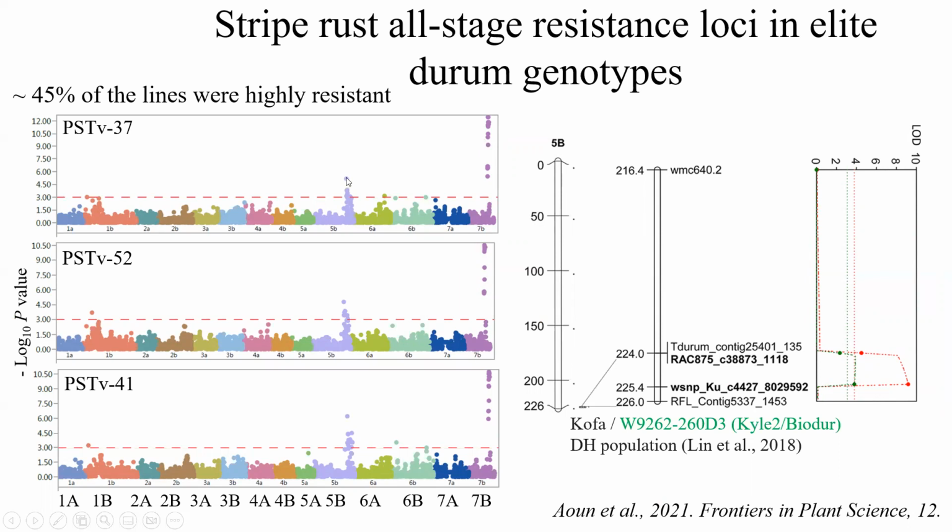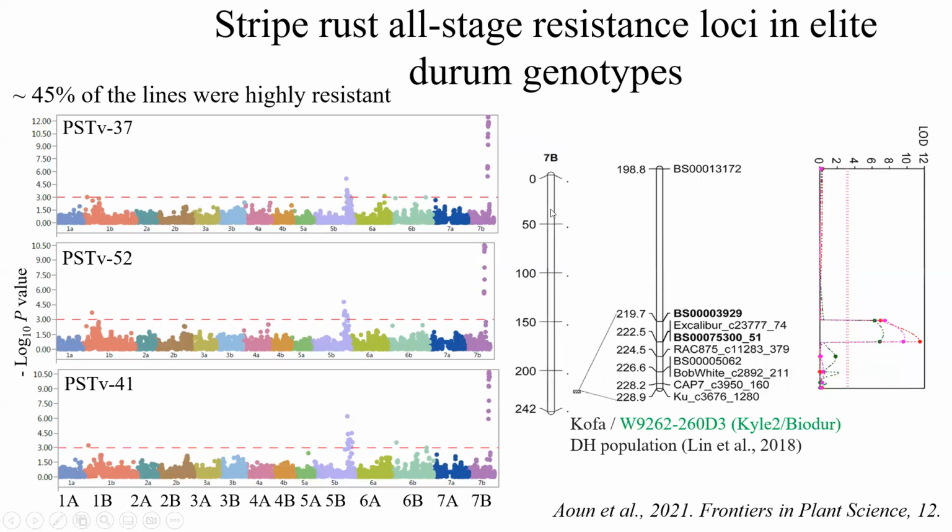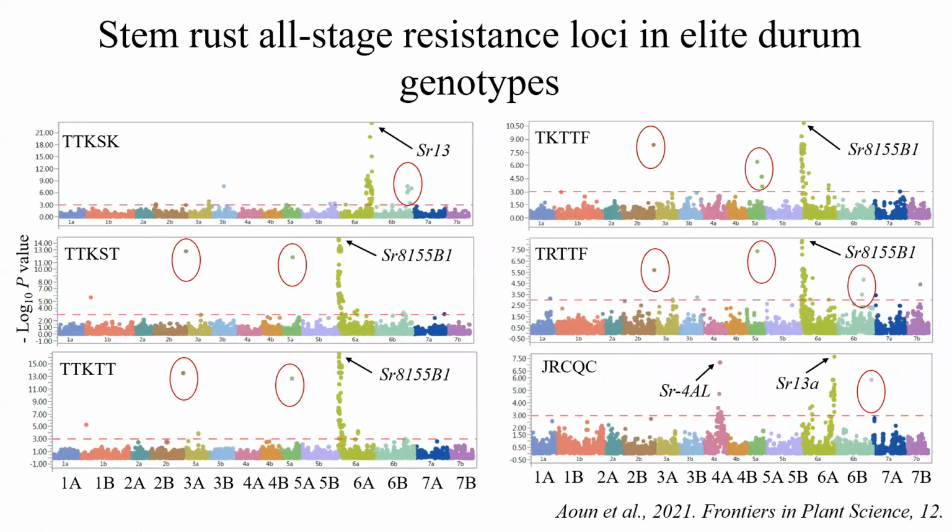We don't know of stripe rust resistance genes present in these chromosomal locations. However, by looking at the literature, I found breeding lines from Canada that carry a QTL on chromosome 5BL and 7BL for stripe rust response that are within the genomic region of my identified QTL. So I believe they are possibly the same.